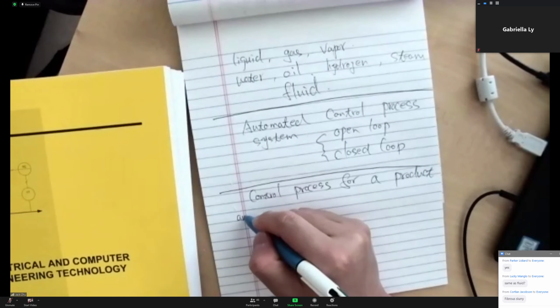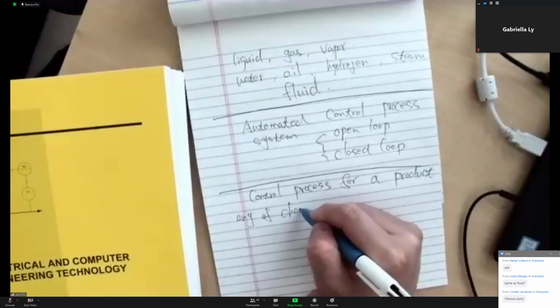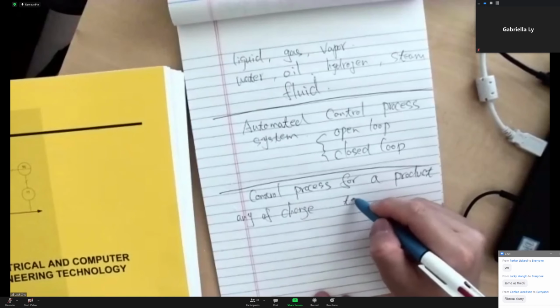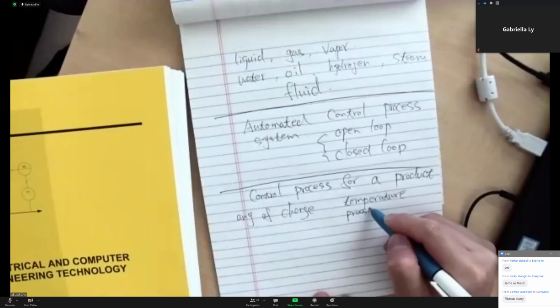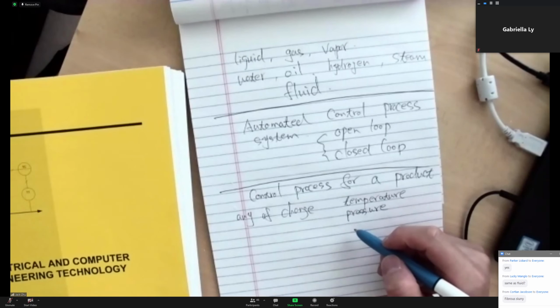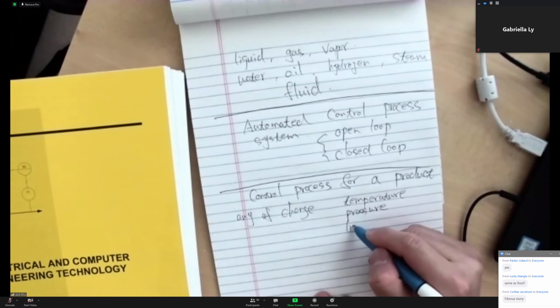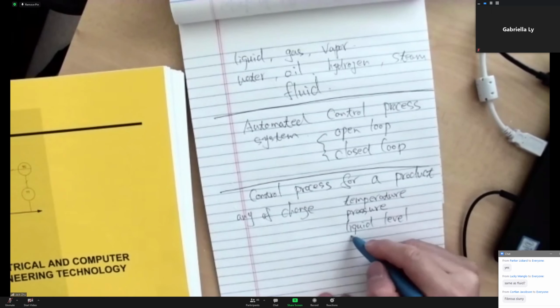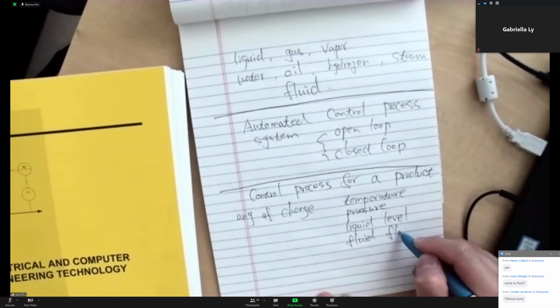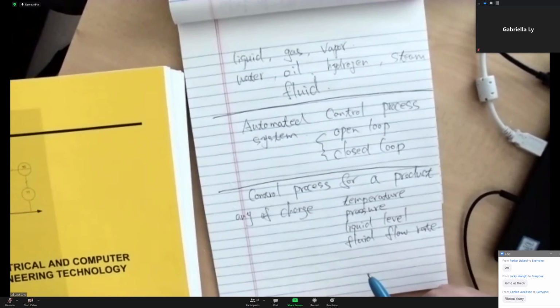And any change, it could be temperature, pressure, the liquid level, or the fluid flow rate, so lots of things.